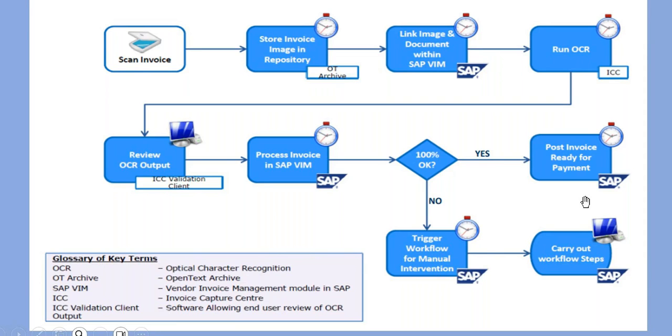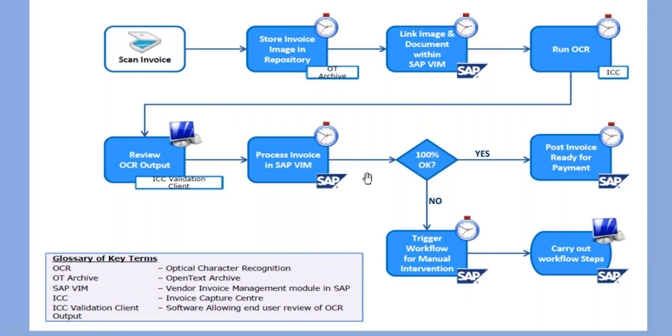After the exception clearing, we also have the approvals in place. These approvals we can also configure according to the business requirement. If the business requires multiple levels of approvals, then for an NPO invoice usually they will require approvals.